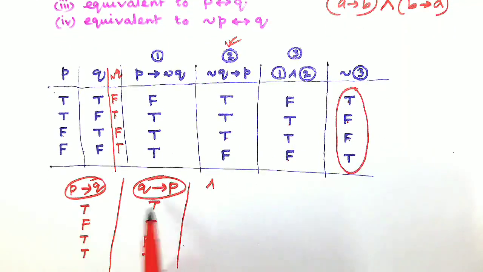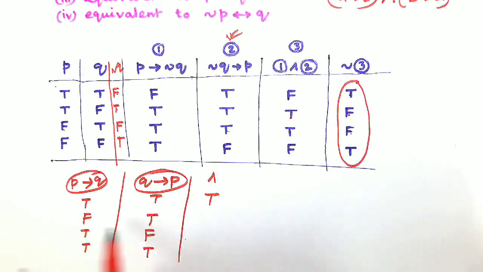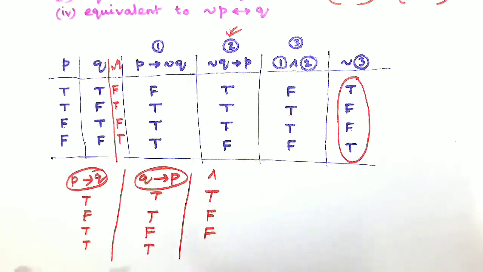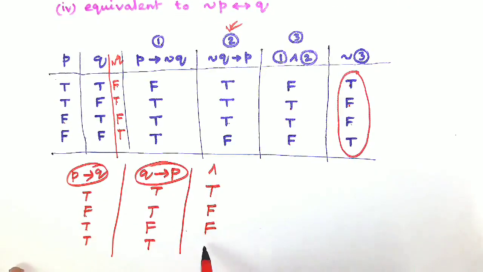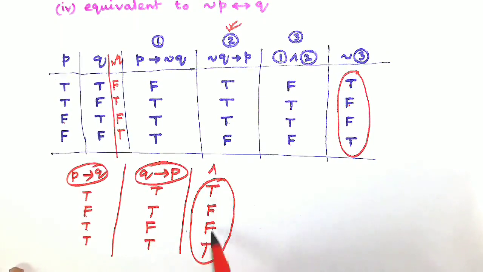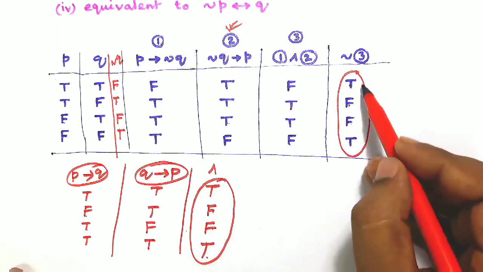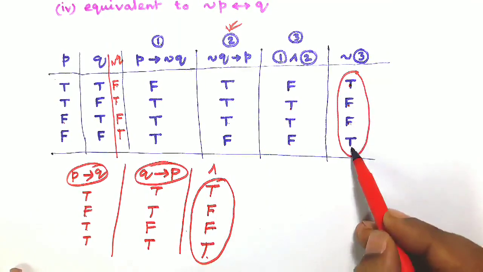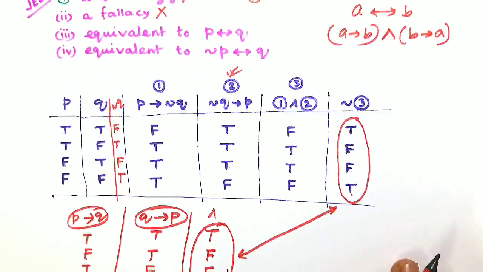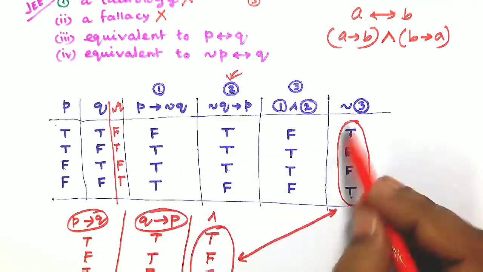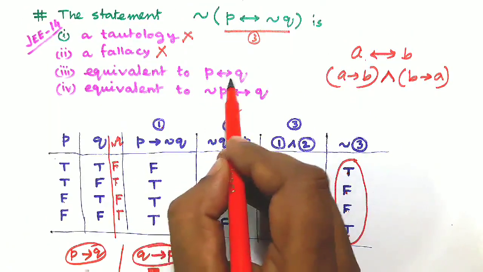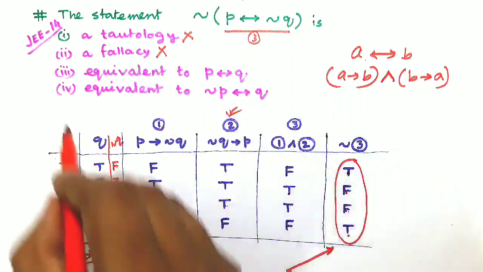So you will get T and T is T, F and T is F, T and F is F, T and T is T. So see the final column, this is T, F, F, T. Our last column here is T, F, F, T. So these two columns are equivalent. So we can say that the last column is equivalent to P double implication to Q. So our option is 3.